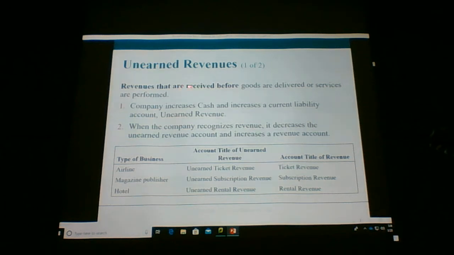Well, if we're receiving revenues before we have earned them, accrual basis of accounting, right? Then we have revenues that are not yet earned, okay? So we cannot recognize these revenues over on the income statement, at least not yet, okay? So we'll have an example here in just a moment, but what happens if we were to think about this from a journal entry perspective or a T account perspective?